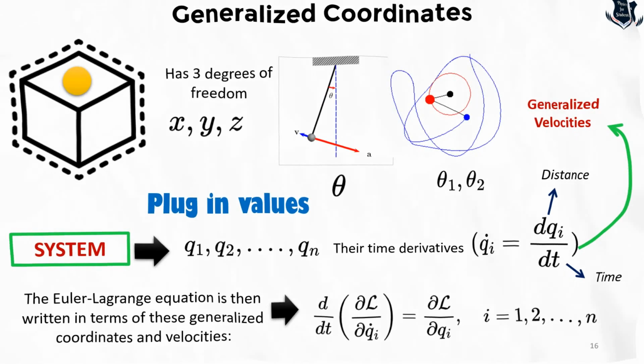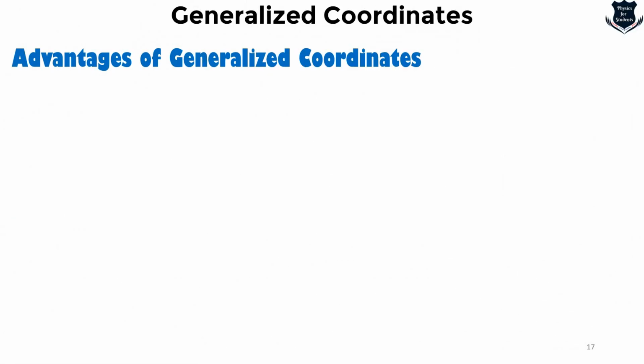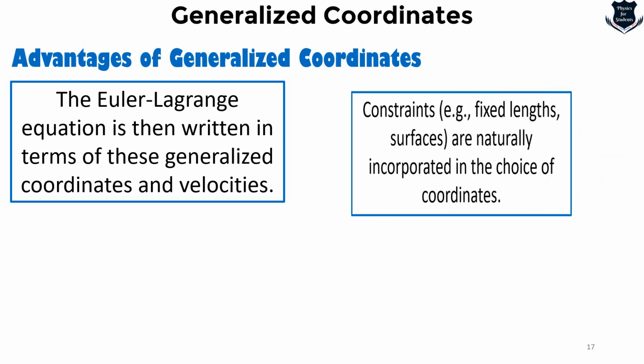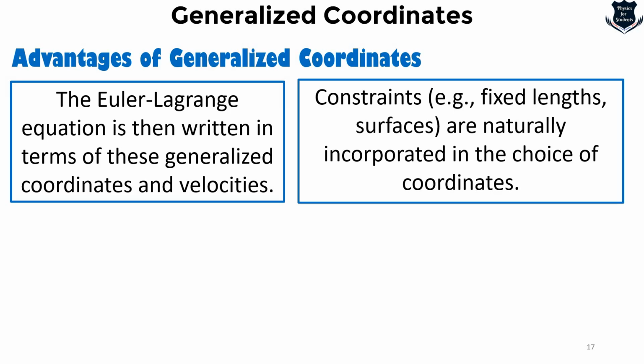Now let us understand why generalized coordinates become so advantageous. First, by choosing coordinates adapted to the system, you often reduce the complexity of the equations, obviously. The second thing is the constraints. Constraints mean fixed lengths, surfaces. They are naturally incorporated in the choice of coordinates. You don't have to do anything else.